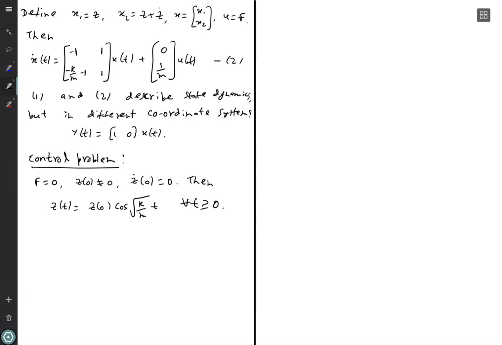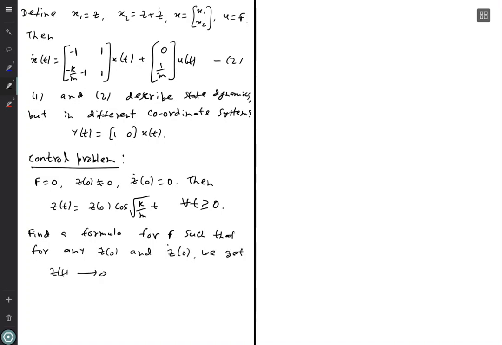So a possible control problem is to find a formula for f such that for any initial state, any initial position z of 0 and any initial velocity z dot of 0, we get z of t converging to 0 and z dot of t converging to 0 as t goes to infinity.